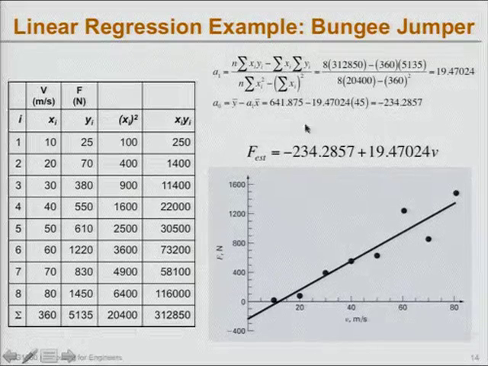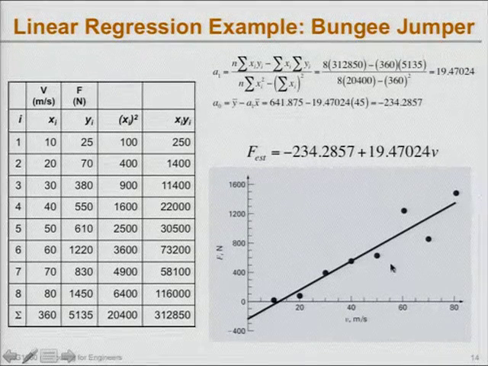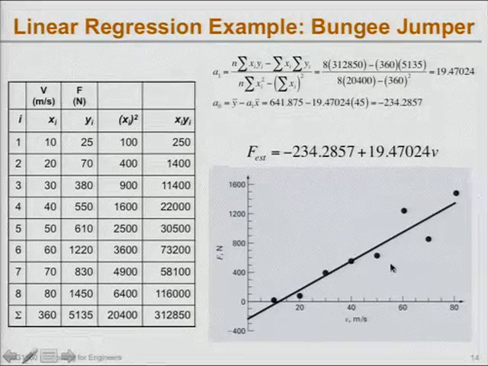And we find out that a1 is equal to 19.47, etc., and that a0 is equal to minus 234 point something or other. So this is the straight line that, in some sense, gives us the best fit to the experimental data that we've measured.